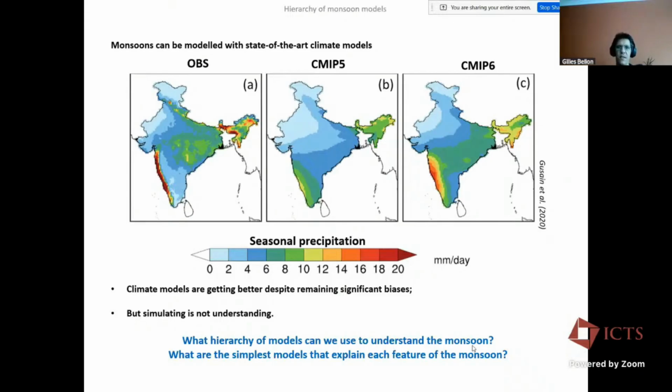So I guess higher resolution for orography will help, but I do think overall the models do improve. It's hard to ascribe when you look at an ensemble mean like this. It's really hard to ascribe the progress to any one or a handful of factors. Yeah, sure. Thanks a lot, Gilles.